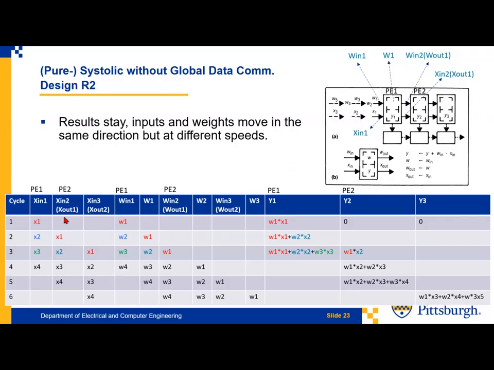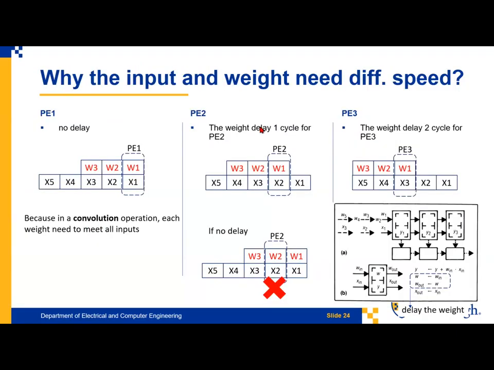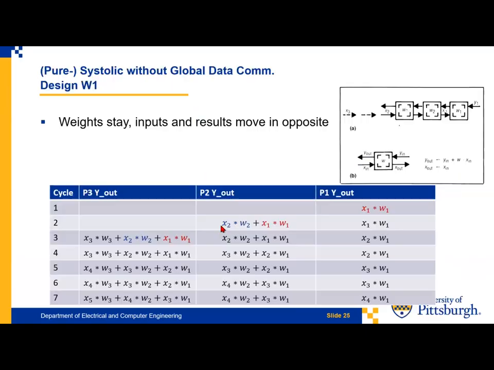If you want to trace the steps, I have uploaded the slide on the canvas, so you can download it and trace the content of each cycle. Okay, so the input and the weight run at different speeds, so each weight could meet all inputs.